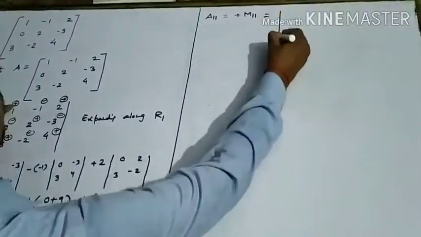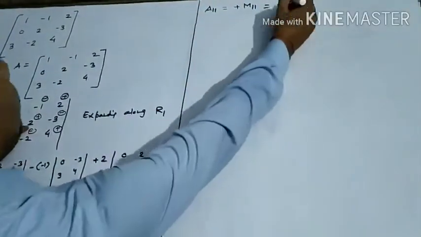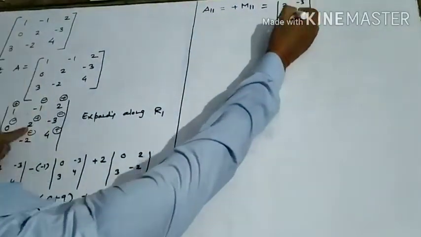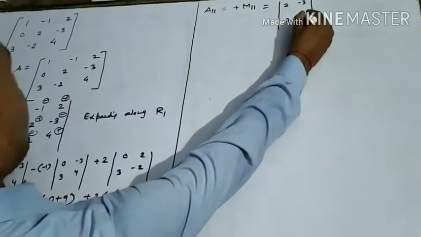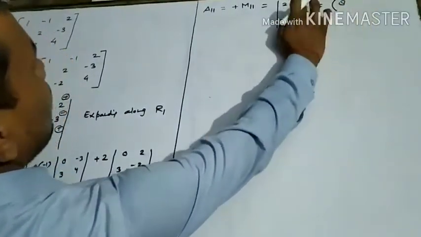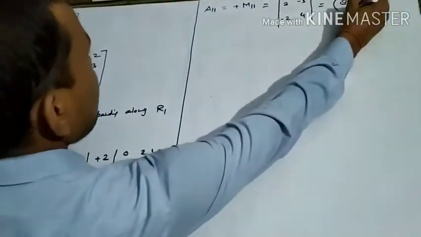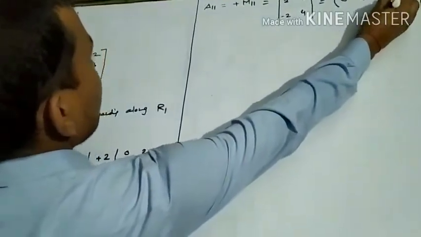So this is 2, minus 3, minus 2, and 4. So this is equal to 8, and then minus 3 multiplied by minus 2 means plus 6, which is minus 6. So this is 2.